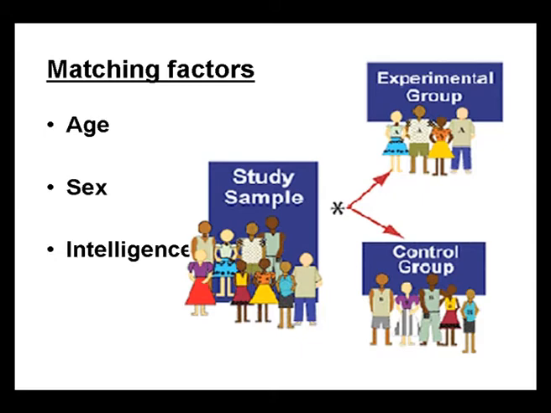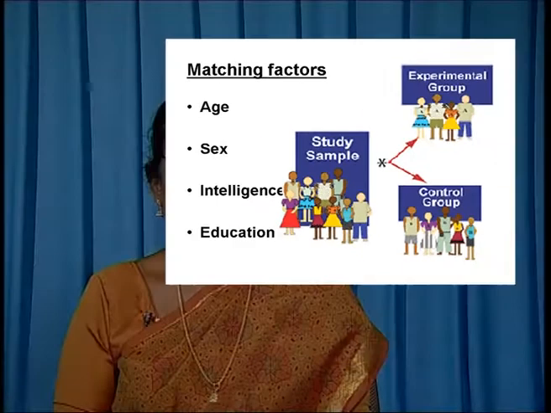That is, certain factors like age, sex, intelligence, education and other such factors are perfectly matched with members of each group. Matching increases the sensitivity of the experiment, but matching of groups is difficult work because of certain reasons.